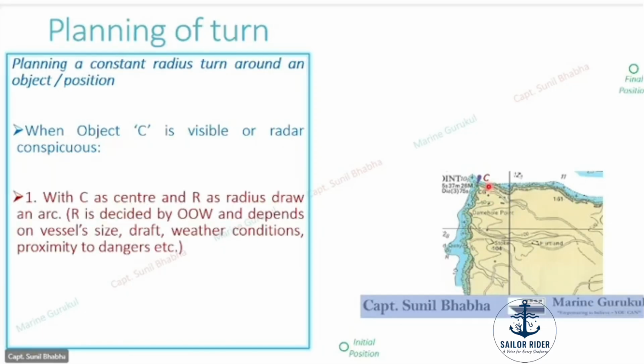Now the first step which we need to take is to assume a radius. We have to decide on a radius which we want to keep while making the alteration.